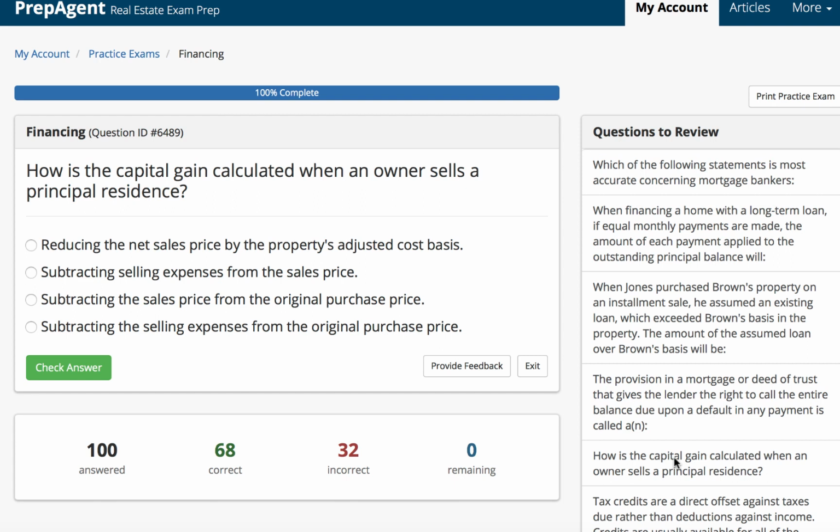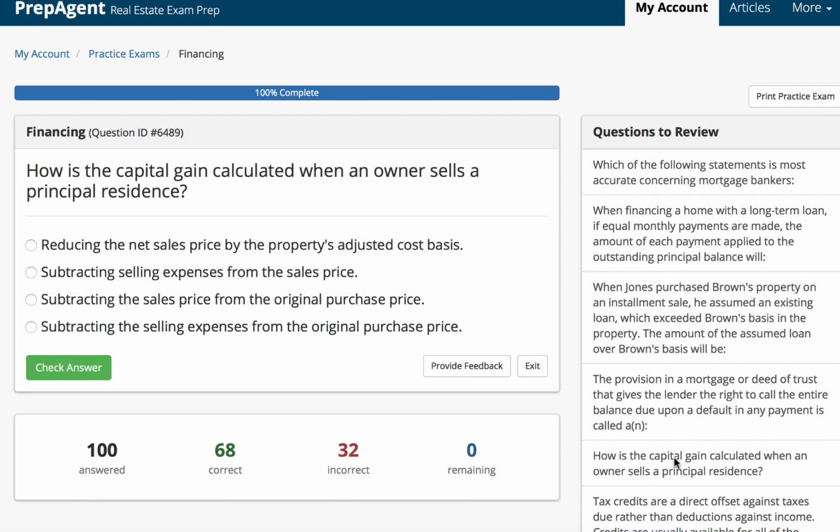How is the capital gain calculated when an owner sells a principal's residence? Reducing the net sale price by property's adjusted cost basis, subtracting selling expenses from the sale price, subtracting the sale price from the original purchase price, subtracting the selling expenses from the original purchase price.